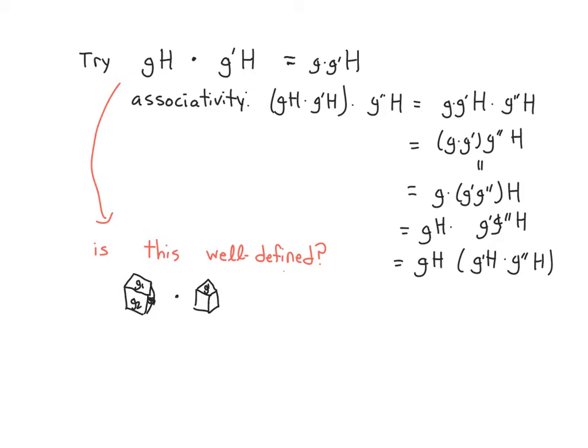And what I'm doing is defining a product operation by saying, take one side of each of these dice, multiply their labels together, reach into your bag of dice, and find a new die that has that label on one of its sides, and define that to be the product.